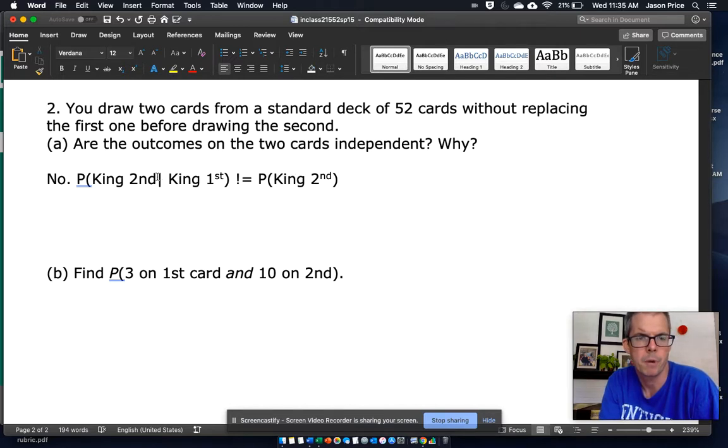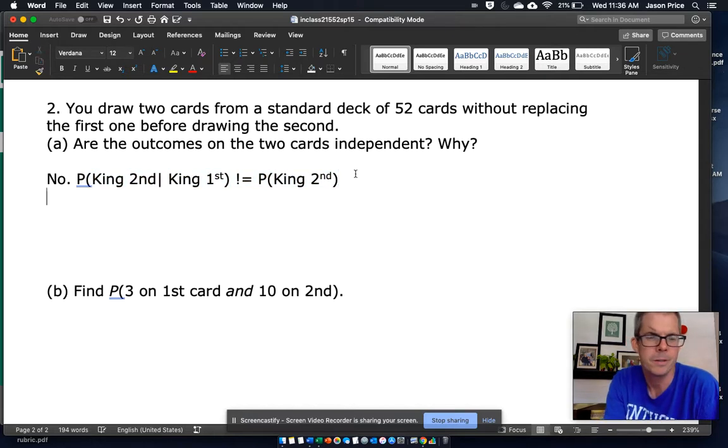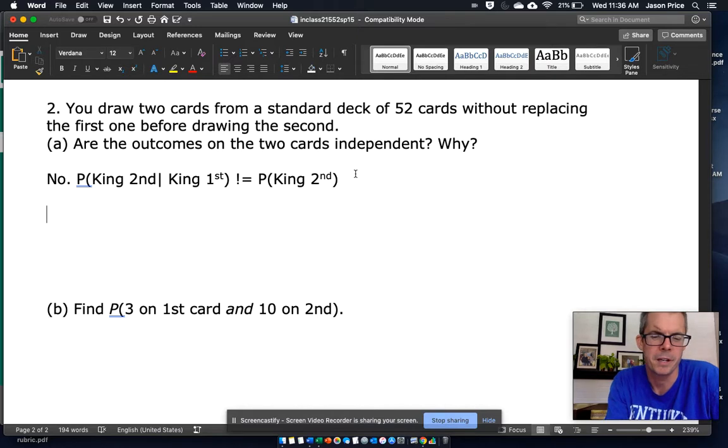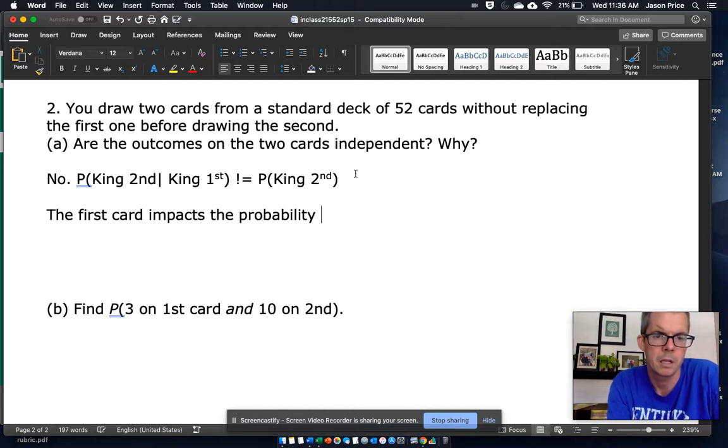So the probability changes depending upon what happens first. So maybe better to put that into words. So no, because the first card impacts the probability of what gets pulled second.